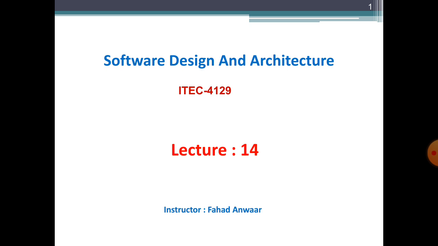So, students, before I start today's lecture, I would like to give you a little recap of our last lecture. If you remember, we saw how quality attributes are involved in software architecture, and we saw three different levels of attributes: the implementation attributes, which are non-observable at runtime, then the runtime attributes, which we call observable at runtime, and the third one, the business attributes.